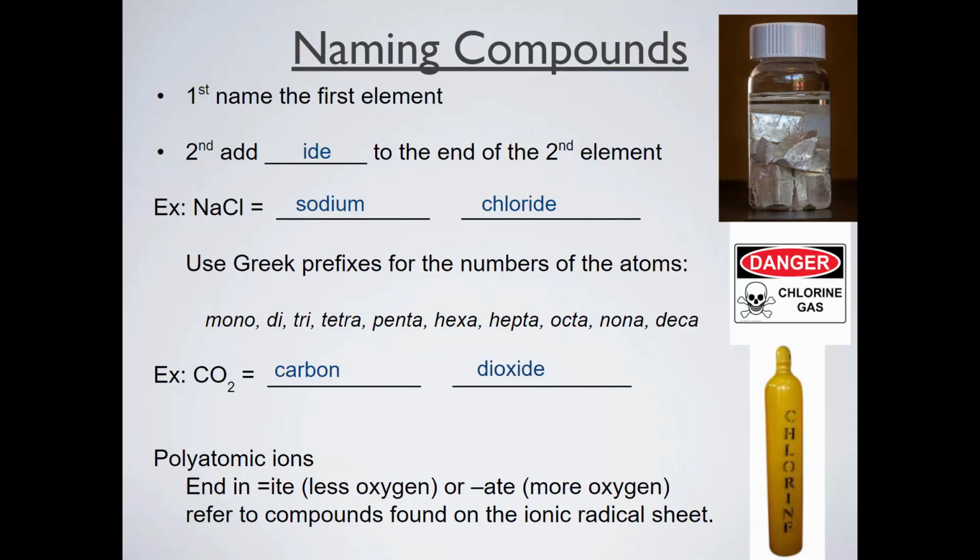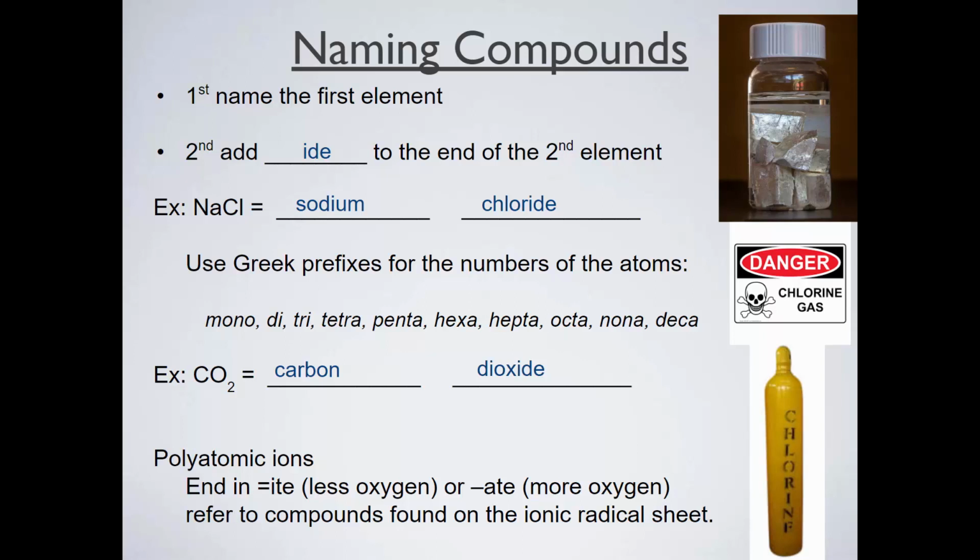Oh, that makes sense. Have you ever heard of the gas carbon monoxide? Yes. It's a dangerous gas, if it builds up in your house, for example. What do you think its chemical formula is? CO. Just CO. Monoxide, one oxygen.